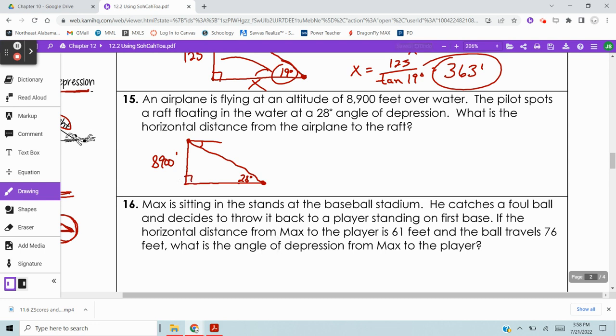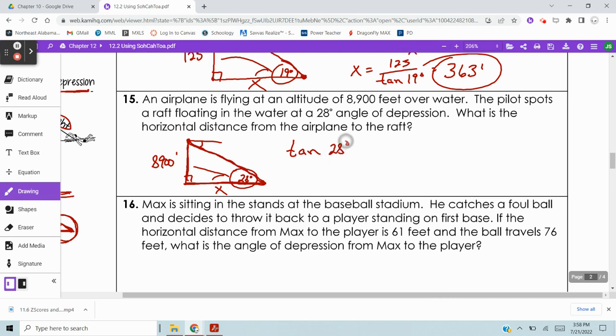And we want to know what is the horizontal distance. And horizontal would be this distance right here. This would be our vertical distance. This is our horizontal. And this would actually be our true distance away from us. So we're looking for the horizontal distance. Here's my angle. We are dealing with opposite and adjacent. So that'd be, again, a tangent problem.